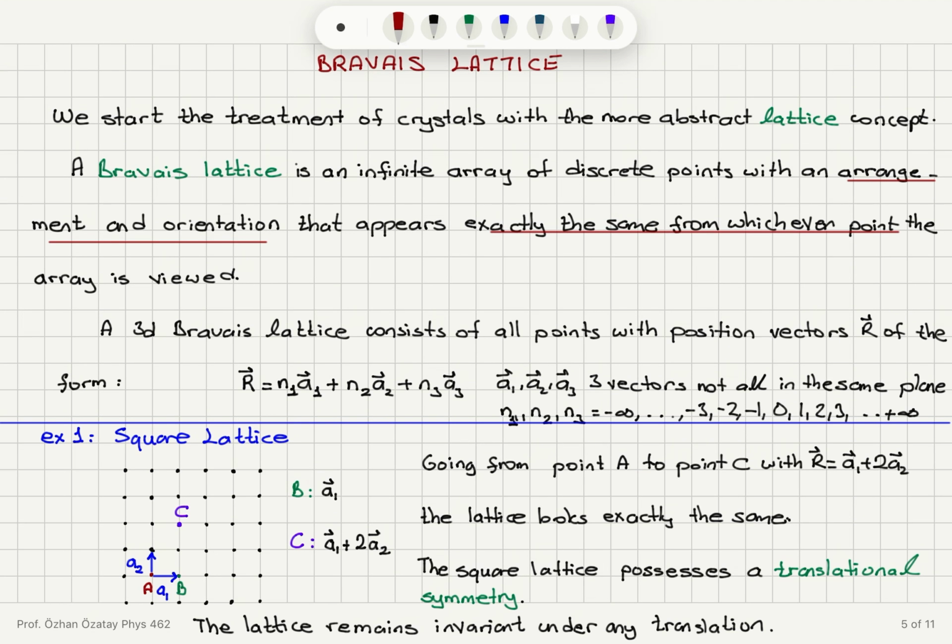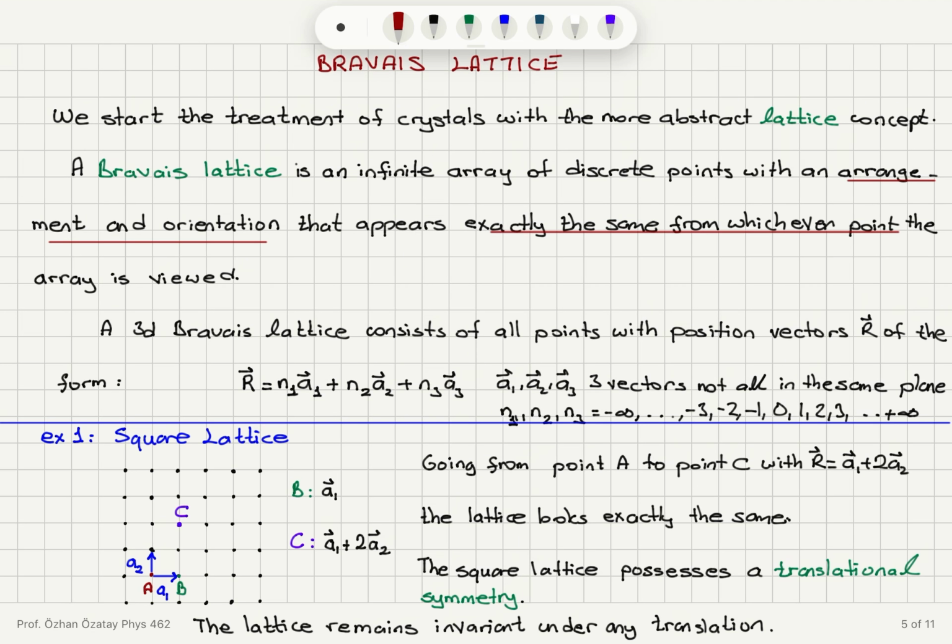So when we go from one point in the lattice to the other point, and when we look around, we see that the arrangement and orientation of the points are exactly the same. A three-dimensional Bravais lattice consists of all points with position vectors r of the form n1a1 plus n2a2 plus n3a3, where a1, a2, and a3 are three vectors that are not all in the same plane, and n1, n2, and n3 are integers.